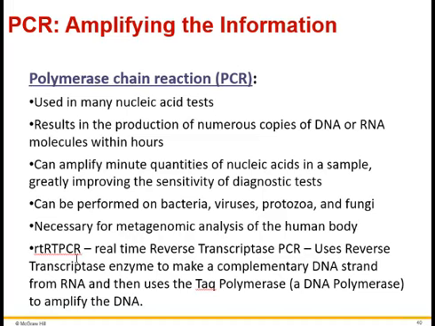So RT-PCR means real-time reverse transcriptase PCR, and it uses reverse transcriptase enzyme to make a complementary DNA strand from the RNA, and then uses that DNA strand and amplifies the DNA with a DNA polymerase called Taq polymerase, from a bacteria that lives in a very warm aquatic environment.